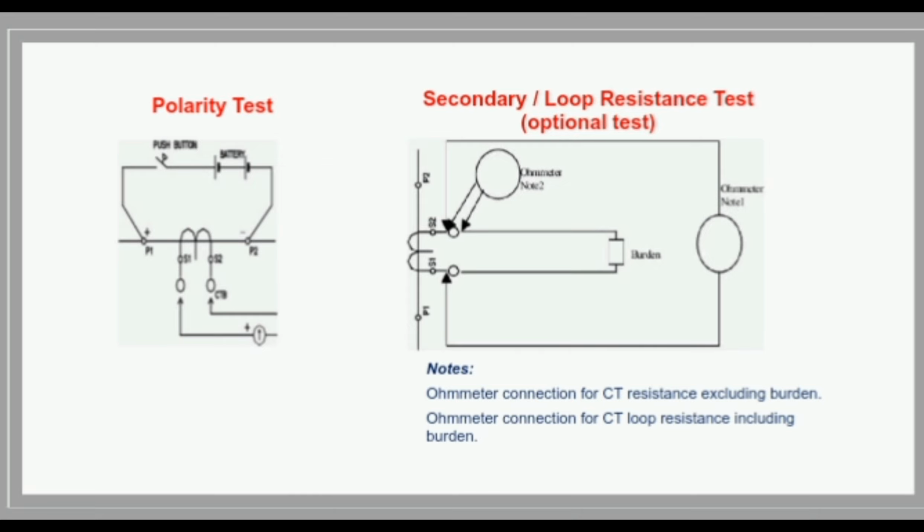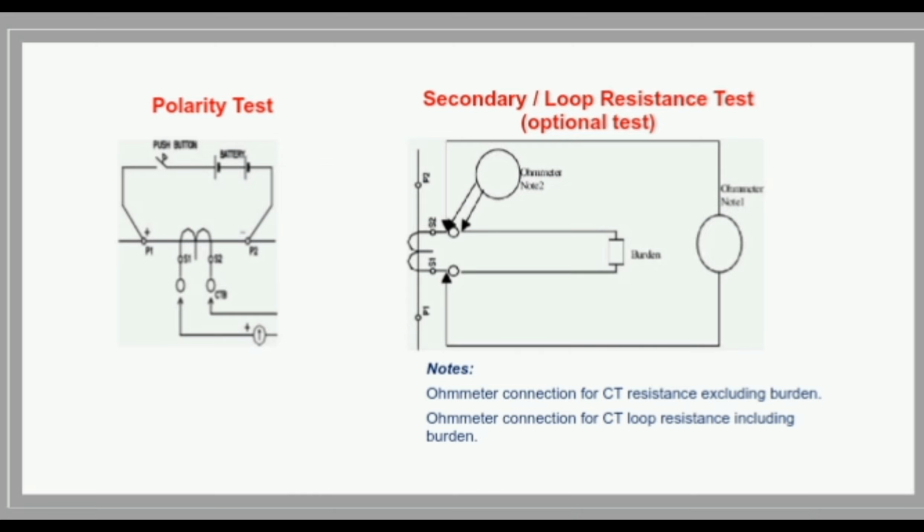As you can see in the drawing, isolate the CT secondary from the load and make the circuit connection. Close and open the battery switch connected in the primary. Observe the pointer moving in the positive direction while closing and in the negative direction while opening for current polarity.